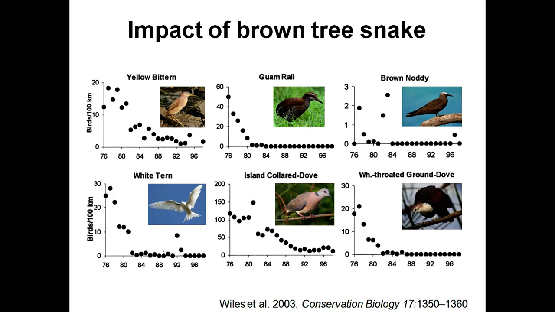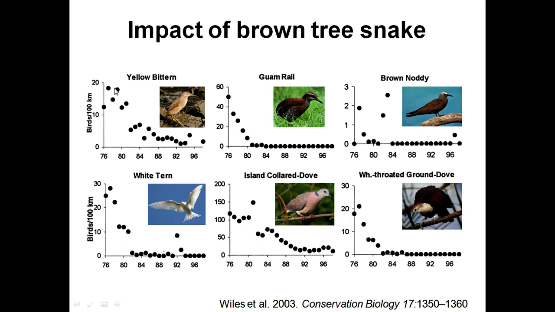This is the impact of the brown tree snake in Guam. Guam is an island territory of the US, and it's a really nice place for birds. A lot of species, but in the 1950s, accidentally a few brown tree snakes got onto this island, and this is what happened after the introduction.